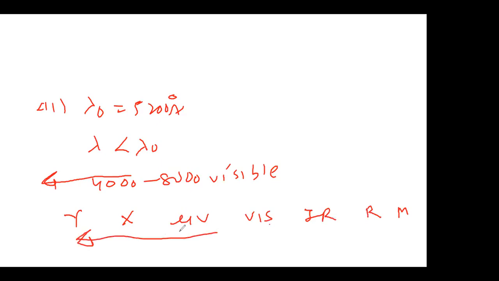So will 50 watt infrared work? Sorry, it will not work. 50 watt ultraviolet will work. Infrared will not work because its wavelength is more than visible, whatever may be their power given. So ultraviolet will do, P is the option, because its wavelength is less than that of visible. Write those ranges properly.